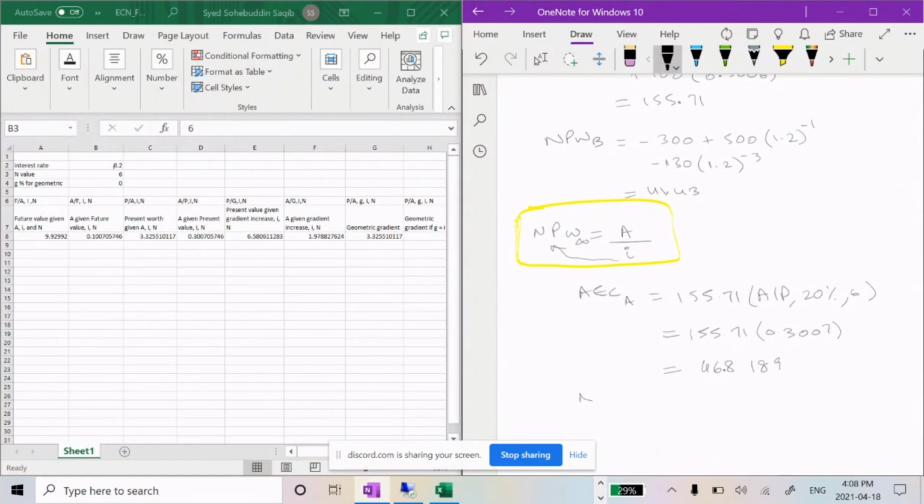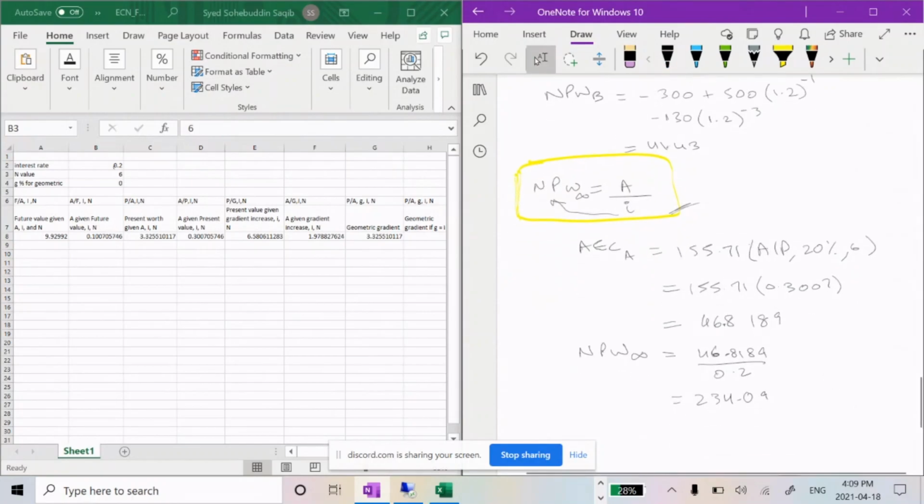Now we can find the net present worth of the infinite series by using the formula 46.8189 divided by i, which is 0.2. So you get 234.09. This is the net present worth to infinity of A.